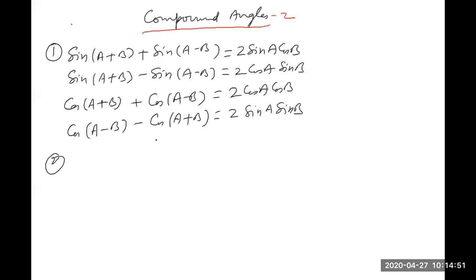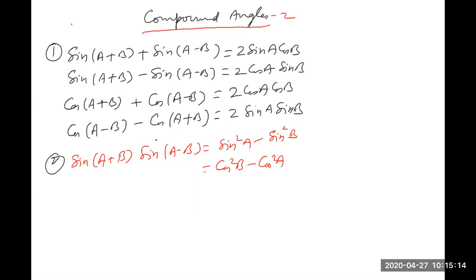Another formula I have given you was of the form sin A plus B into sin A minus B. Sin A plus B into sin A minus B is equal to sin square A minus sin square B, which is equal to cos square B minus cos square A. And next was cos A plus B into cos A minus B is equal to cos square A minus sin square B. See the difference in both.